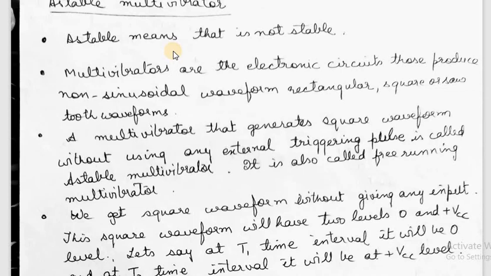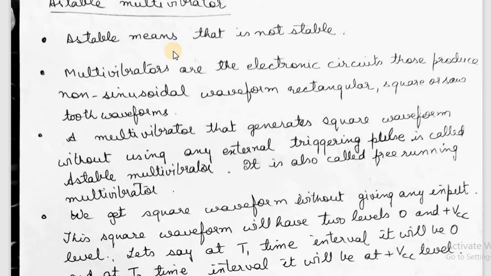An astable multivibrator is a non-sinusoidal oscillator that produces square wave. But in case of an astable multivibrator, no state is a stable state. There is no stable state.